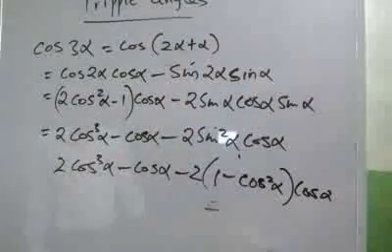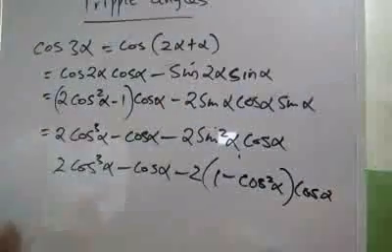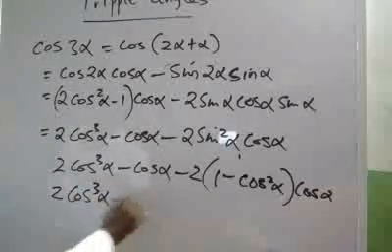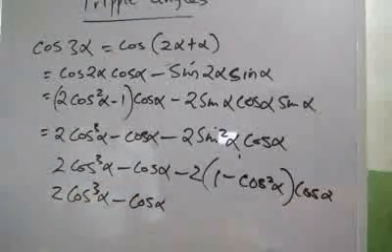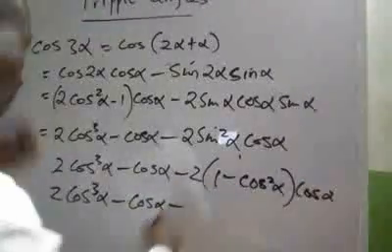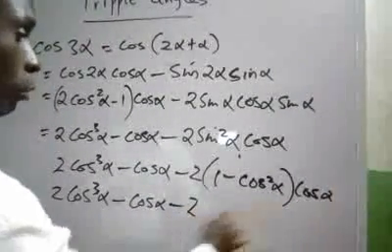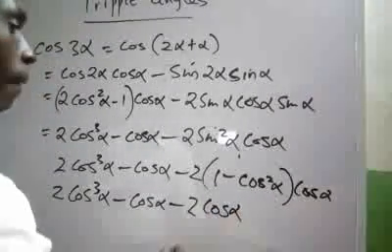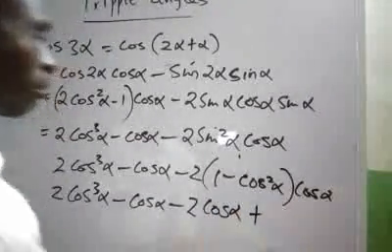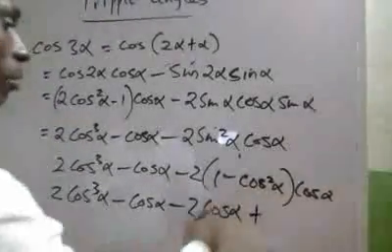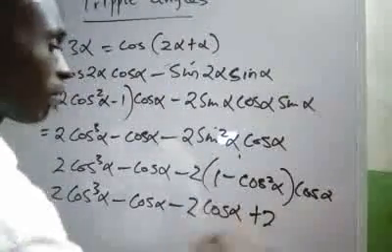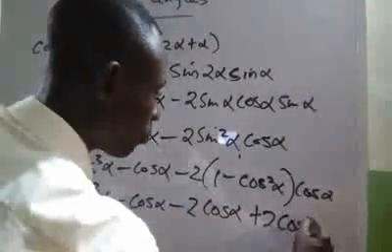If I open this, I'll have 2 cos cube alpha minus cos alpha minus 2 cos alpha, plus 2 cos cube alpha.